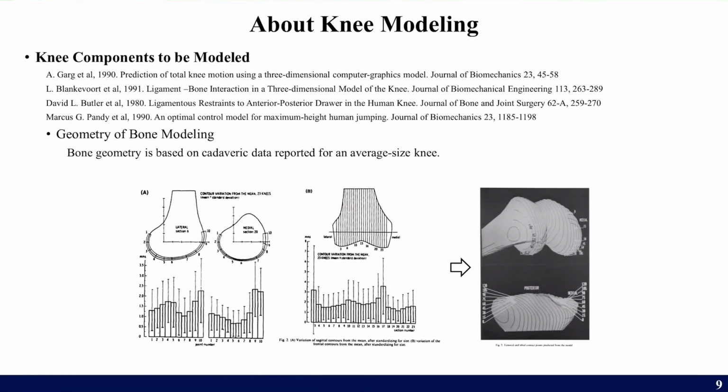And to model the bone, I found the cadaver data and its average data. So I found the geometry data of the knee bone, but I need to find more.